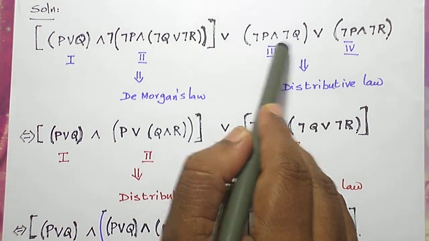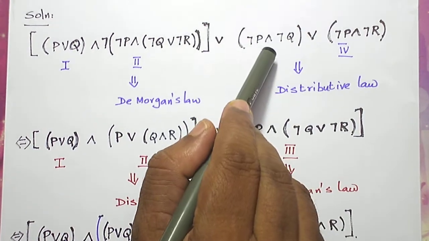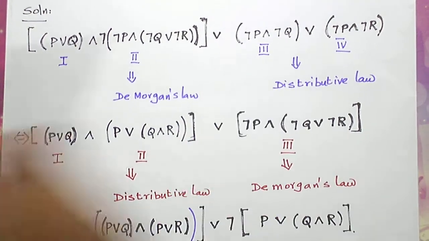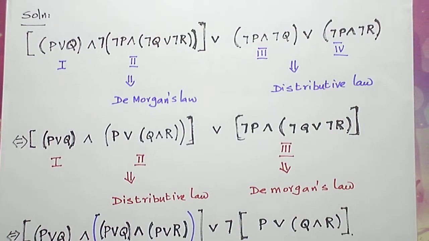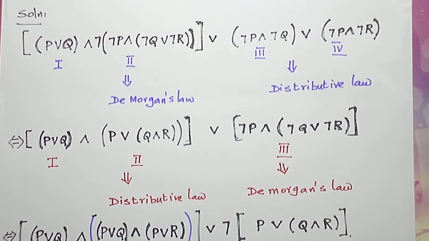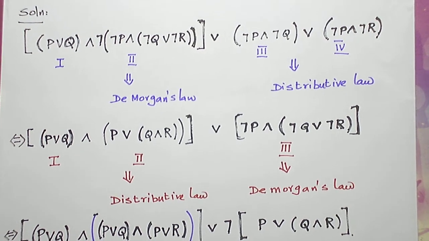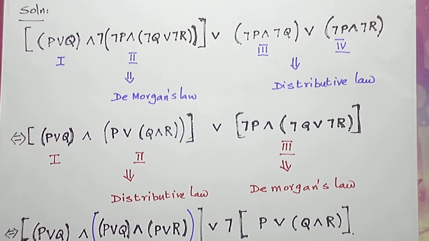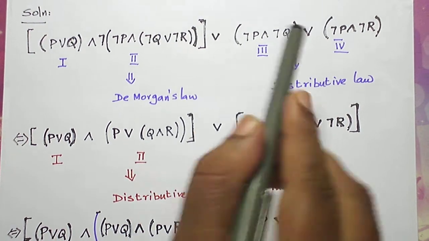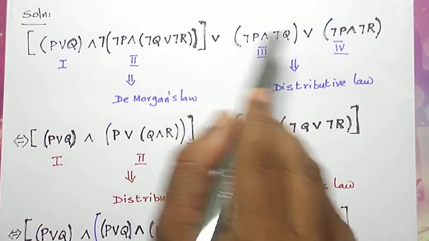And let me combine the third and fourth term. Look at the third and fourth term. Inside the bracket we are having AND connective, outside the bracket we are having OR connective. When we are having different connectives inside and outside the bracket, we should apply distributive law. How we are going to apply distributive law? Look at that. In both the brackets we are having negation P in common.